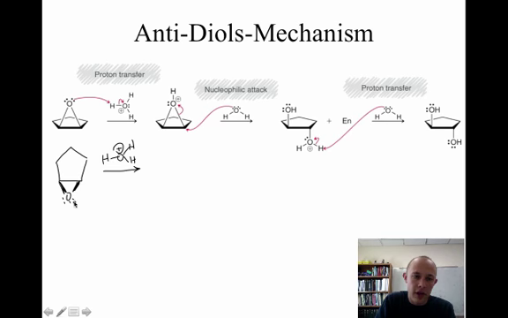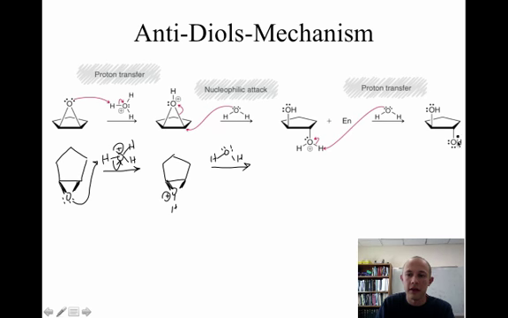In an acid-base reaction, this is the basic site, so the proton's going to get transferred to this oxygen atom. And now, this is a much better leaving group because when it leaves, it's going to be neutrally charged. In the top example, water acts as a nucleophile and it attacks this carbon, but either carbon could get attacked.